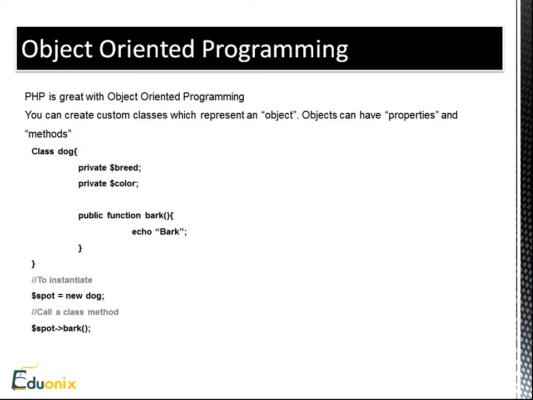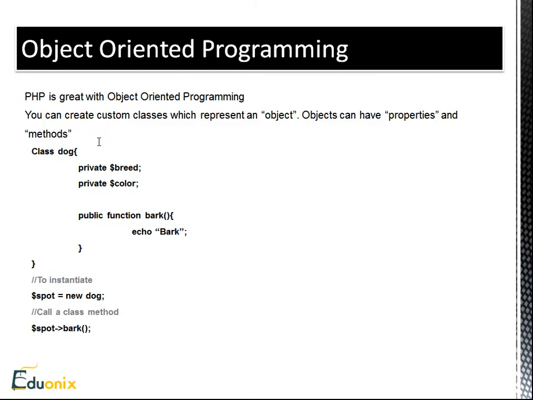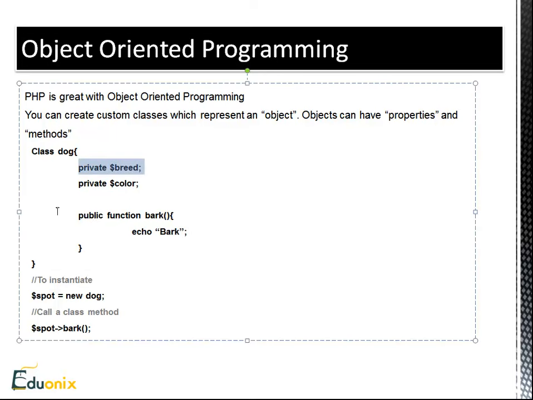Object-oriented programming in PHP really shines when you use objects. This is an example. Of course, it's a hypothetical example, as we have a class of dog. So all objects belong to a class. Here we have some properties.